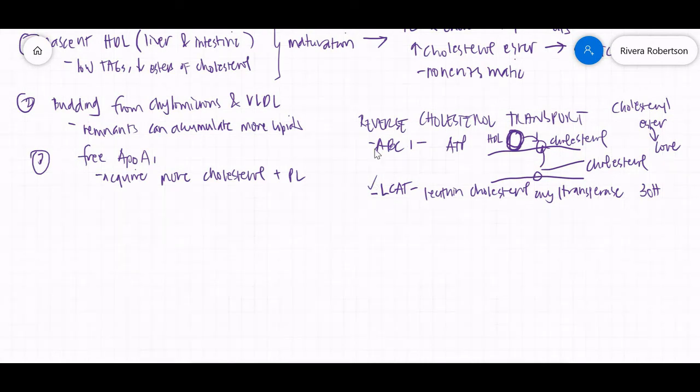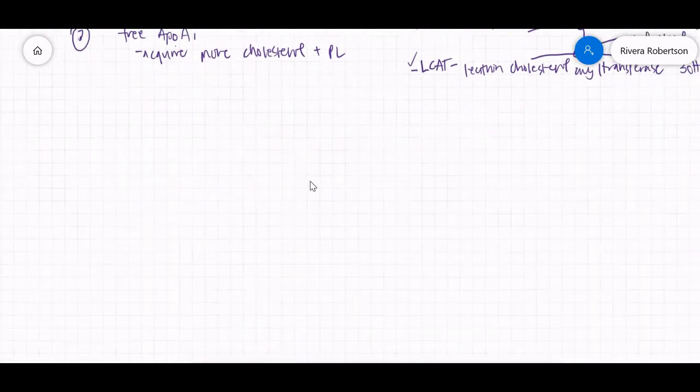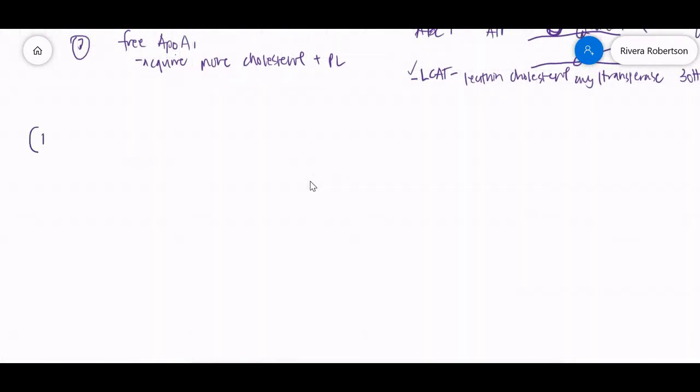Now, we have the receptor na nakaka-recognize sa kanya. So, number 1, okay, is the uptake by scavenger receptor SRB1. Okay.